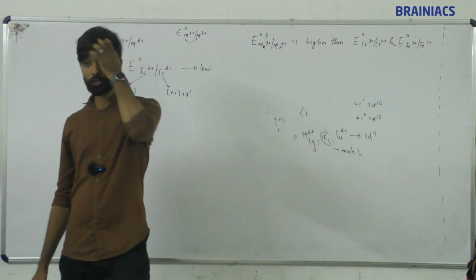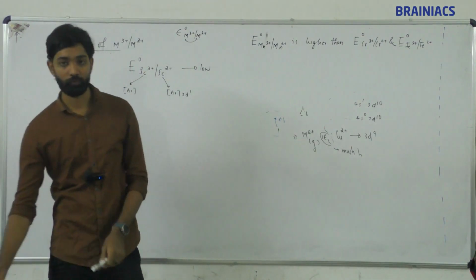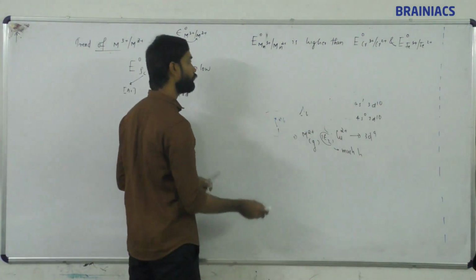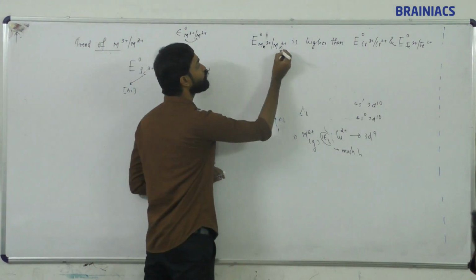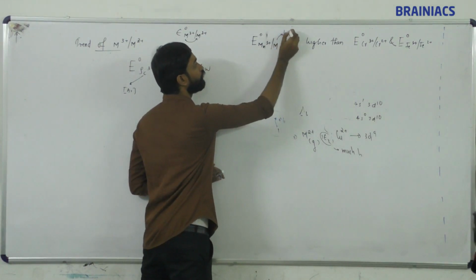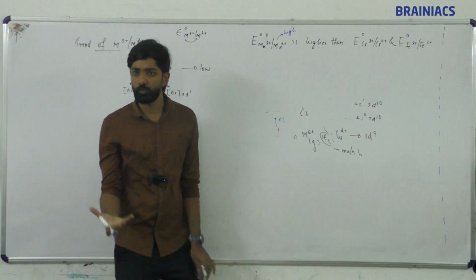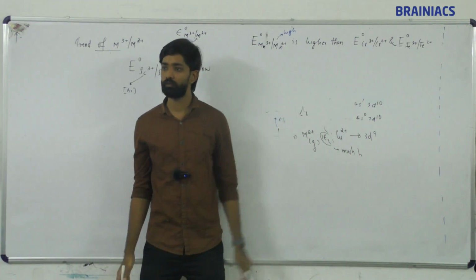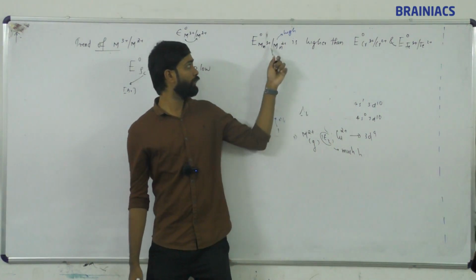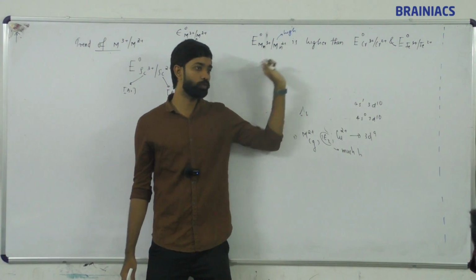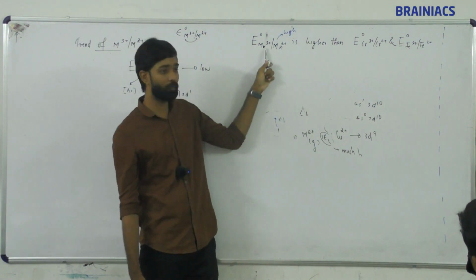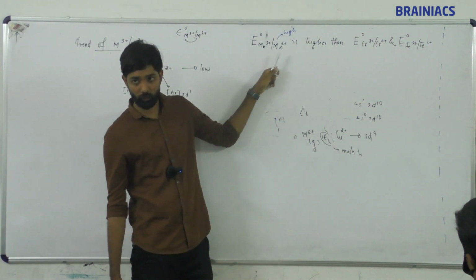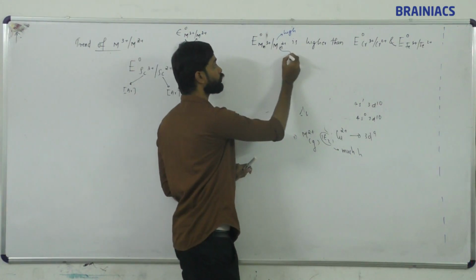Okay, so for that we have an explanation. Why is this value much higher? More positive means this reaction is feasible, right? Mn3 plus to Mn2 plus is feasible, which means Mn2 plus is more stable.